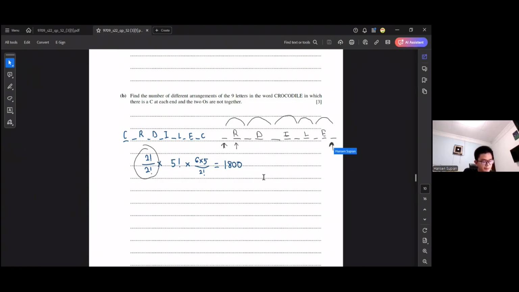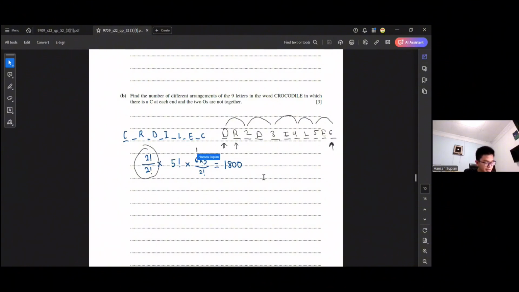And from there we can find how many ways the O's can be arranged. Let's count the number of gaps first. 1, 2, 3, 4, 5, 6. This shows how many different gaps the O's can be inside. So the first O can go into 6 gaps.